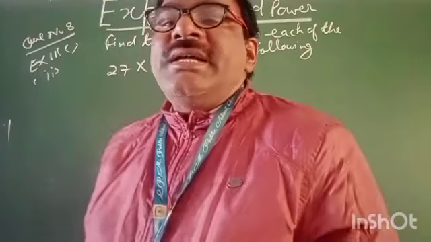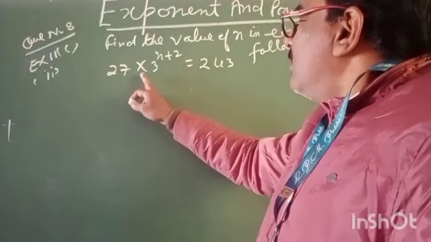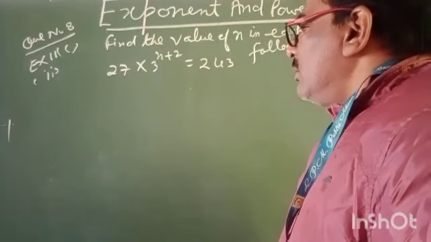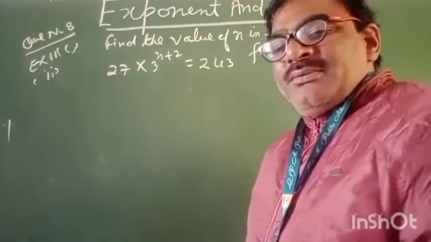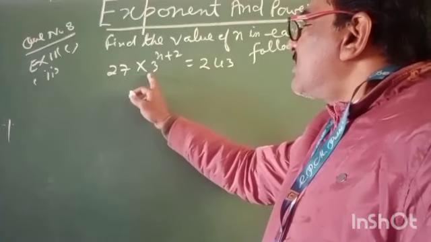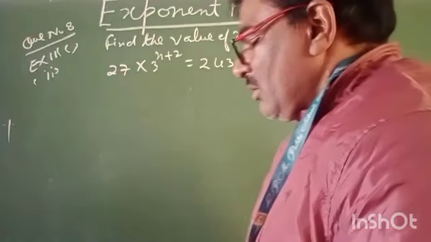Dear student, as you see here, the question is 27 multiplied by 3 to the power n plus 2 equals 243. So first of all, I will make the base the same on both sides.